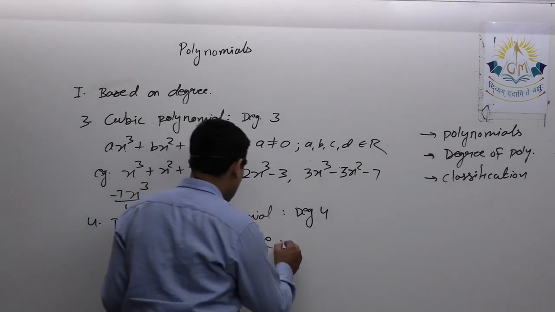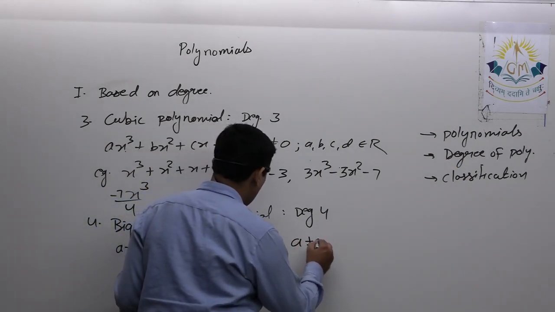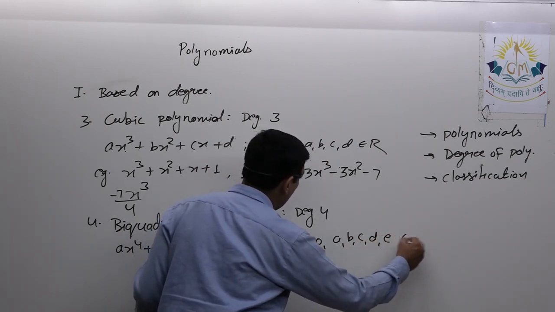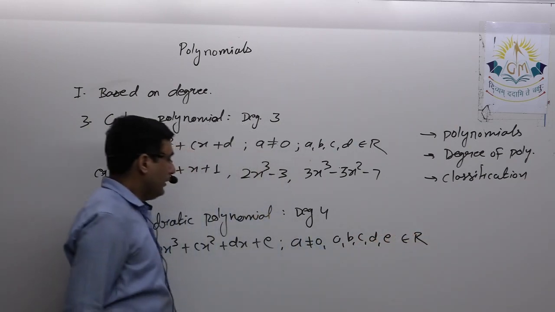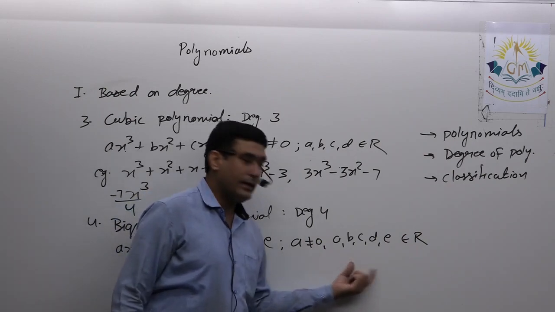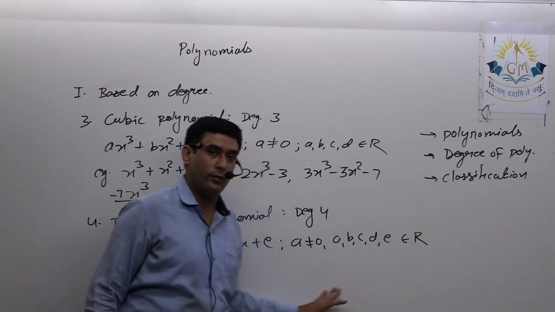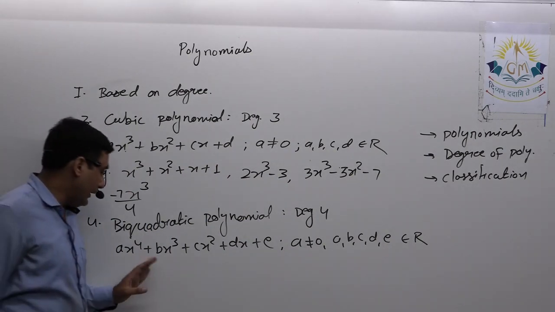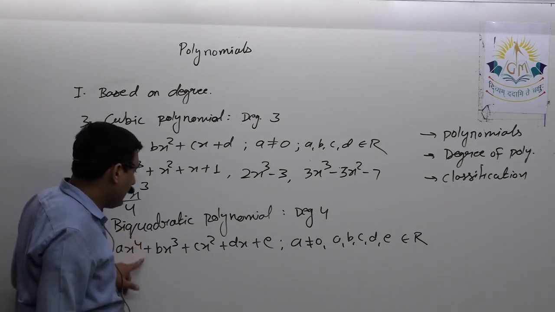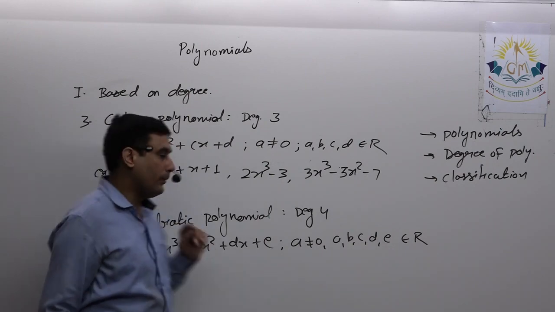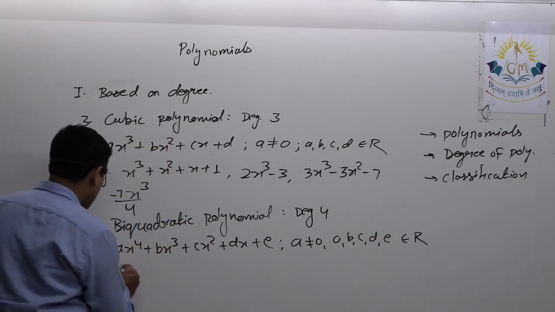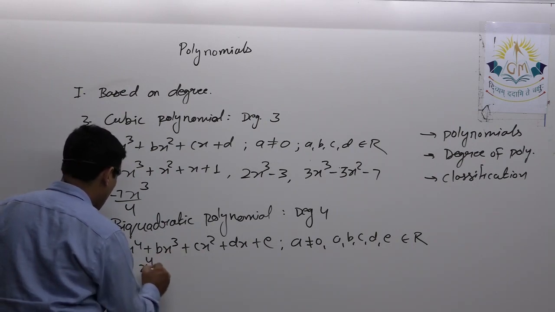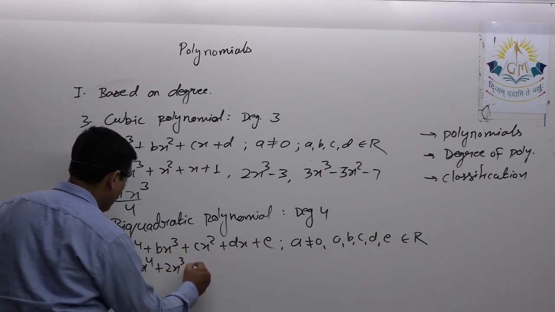Here a should not be equal to 0; a, b, c, d and e belong to R. Now you will say, see, definitely a belongs to R, but other than 0, anything it can attain. Again, if I make a 0, this term won't be there, and in that case this will become a cubic polynomial.